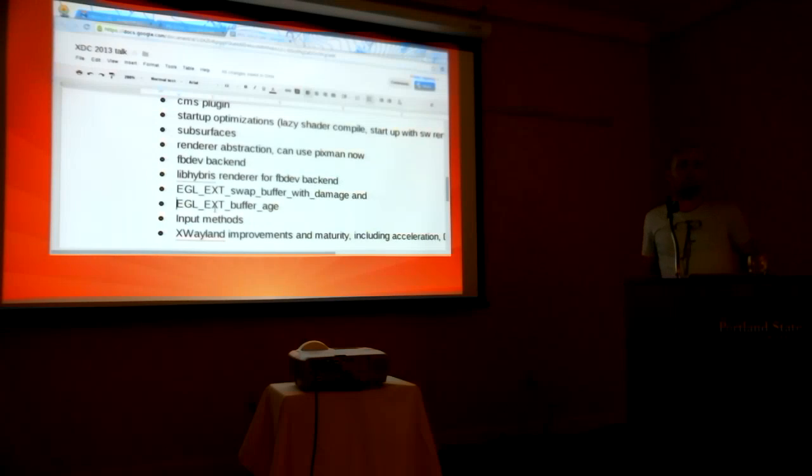But then Robert said, maybe we can just have the buffer age that lets you query how long ago it was that I rendered to this buffer. And that way you can track the damage on the side in your application. You can use pixman regions or whatever mechanism you want to use for tracking. And when you're ready to render, you can say, how old is this buffer? And if it's one of the buffers you've recently seen, you know how much you need to re-render to get it up to date with the current front buffer, and then render the new content on top of that.